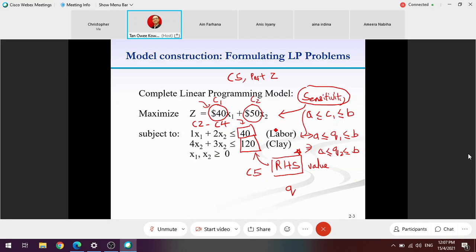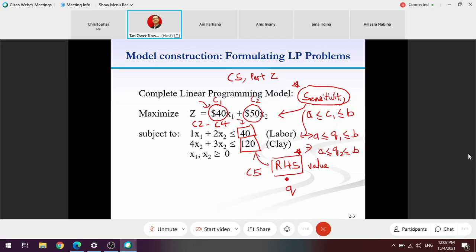The sensitivity range for the objective function, as mentioned many times, defines a range where the optimum solution does not change even though the coefficients change. However, the sensitivity range for the right-hand side value serves a different purpose.